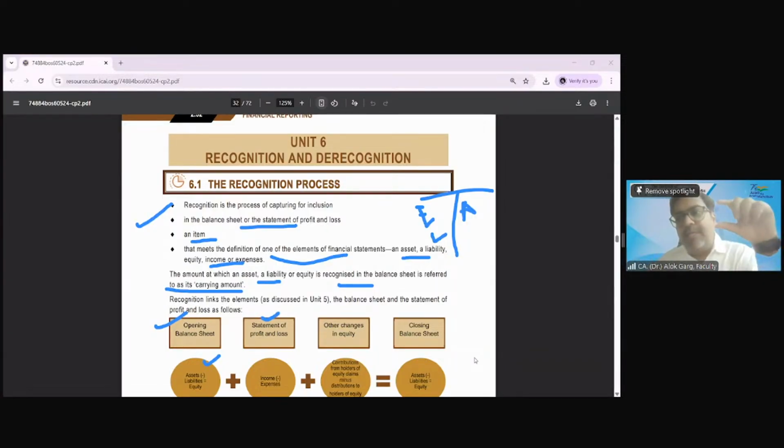In my opening balance sheet, there are assets, there are liabilities, there is equity. Net assets. What is meant by net assets? Equity includes reserves and surplus also, right? In Ind AS, the word equity does not mean equity share capital only.